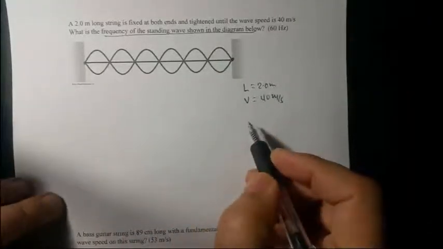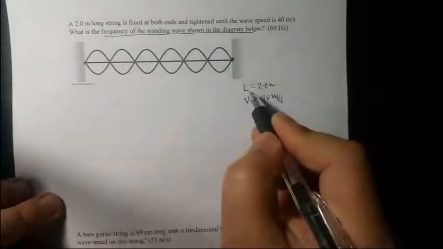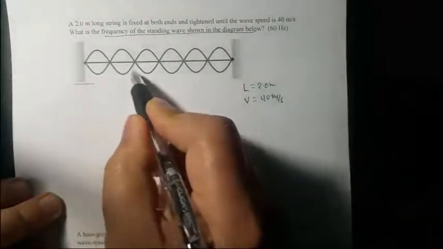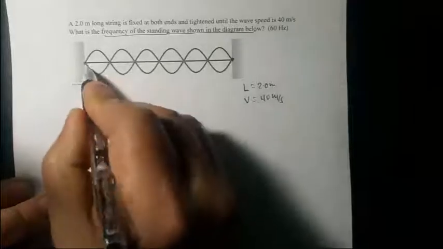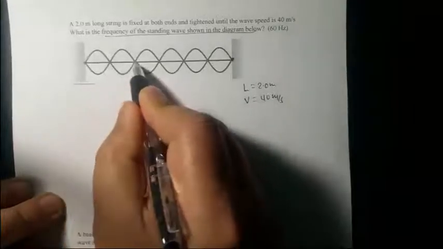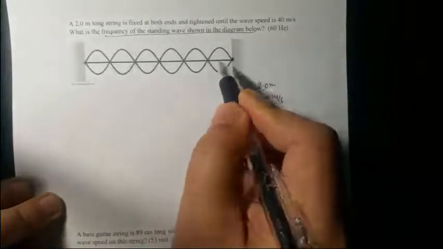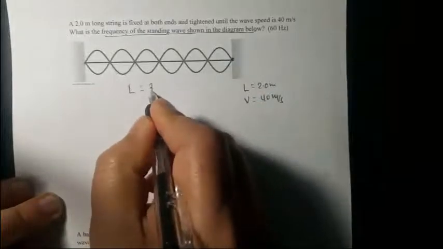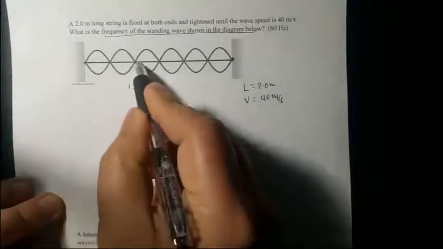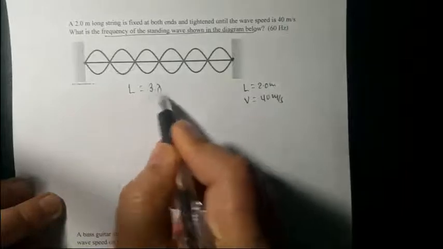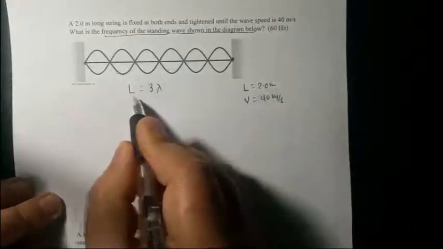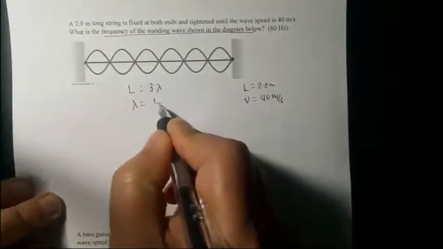So first, since the length is given, how much is the wavelength? How much is the length of the string in terms of wavelength? So let's count that. 1, 2, 3, right? This whole length has to be 3 times lambda, because 1, 2, 3 lambda. You're given the L, so lambda is L over 3.